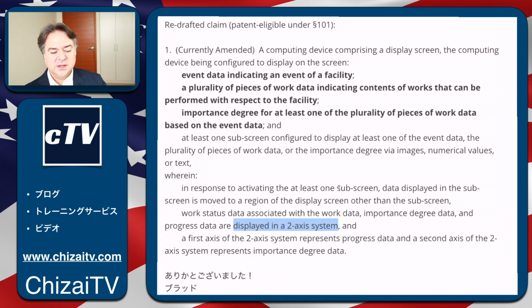So when you select the interface element, when you select the subscreen, which displays this stuff, two things happen. Number one, it's moved. Okay, the data is moved to another region of the screen. So that's transformation number one.